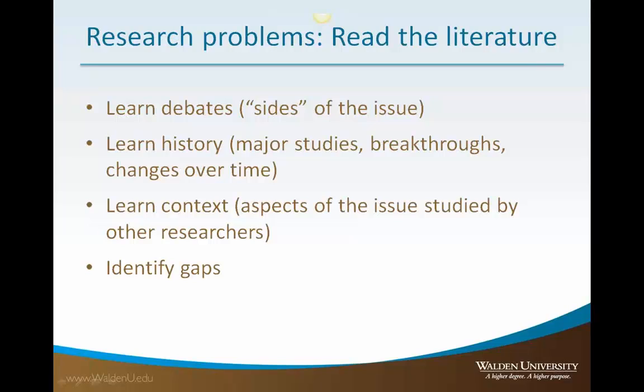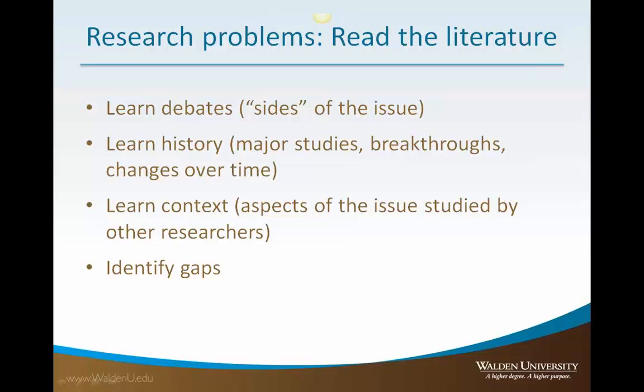You can also learn a problem's context, aspects of this issue that other researchers have already studied. Maybe there has been a study of nursing shortages in small rural areas, perhaps shortages of health professionals in rural areas because people maybe want to work where there's a greater population in larger suburbs or in cities.